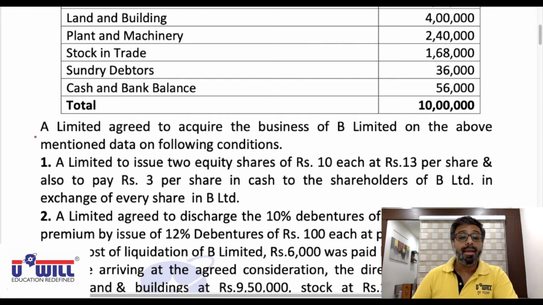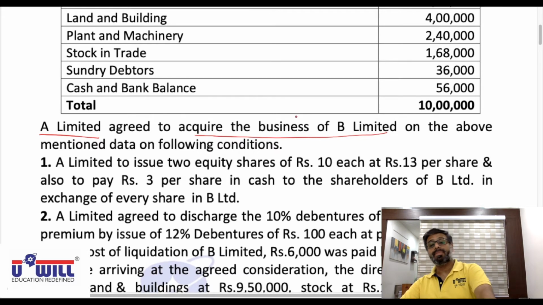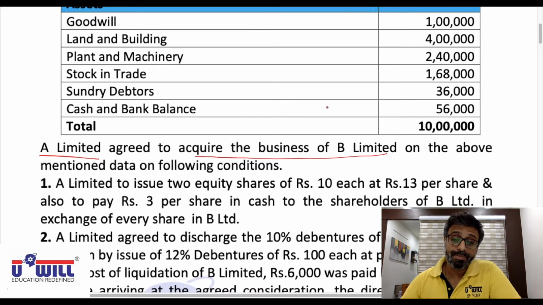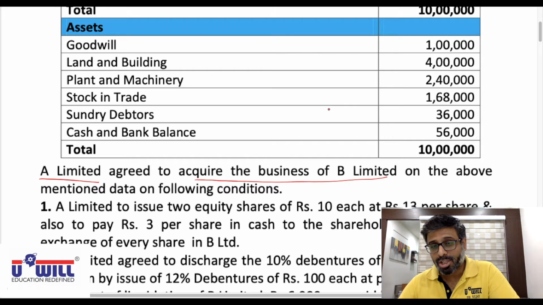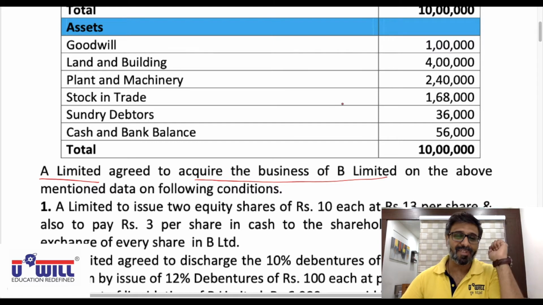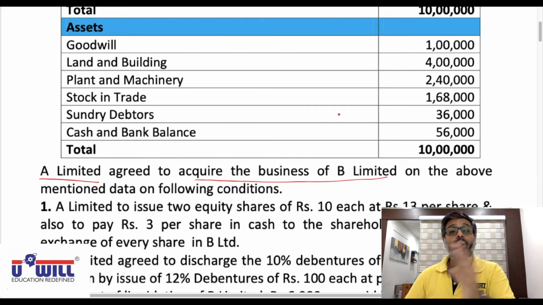A Limited agreed to acquire the business of B Limited. Let me ask you a question. Is this amalgamation or absorption or external reconstruction? Three things we studied in the first lecture. Three types of questions are possible. Up till now, all the questions we had done were amalgamation only.